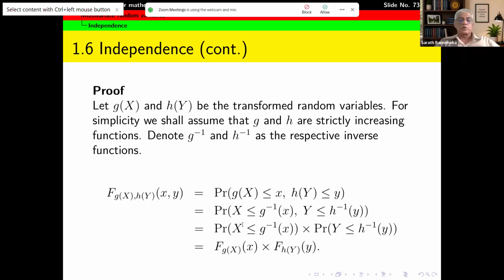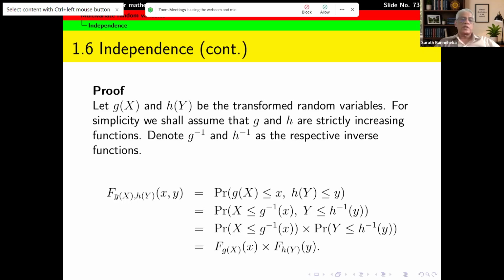So it is the probability that X is less than or equal to g inverse of x, times the probability that Y is less than or equal to h inverse of y, which is the same as the probability that g(X) is less than or equal to x, times the probability that h(Y) is less than or equal to y, which is equal to this expression.